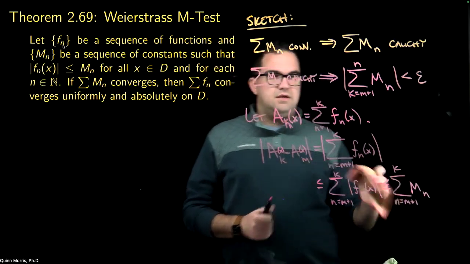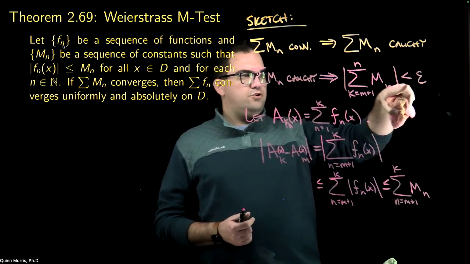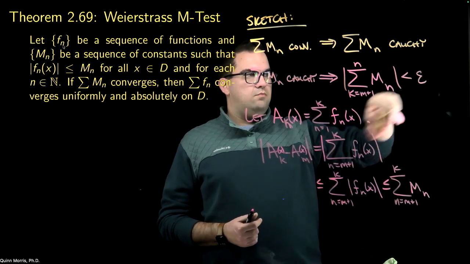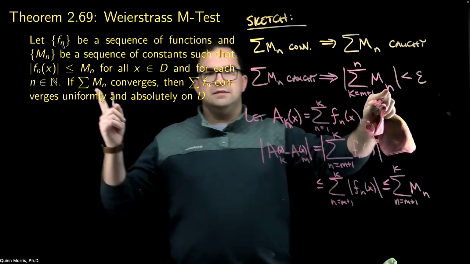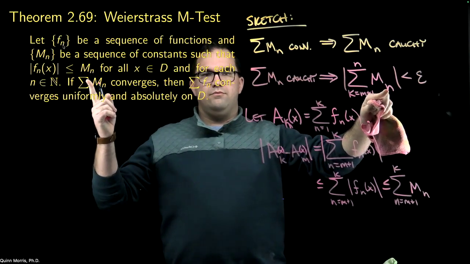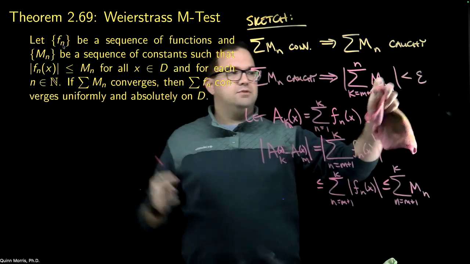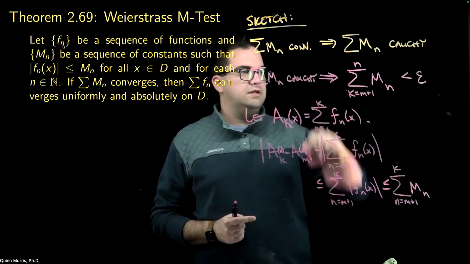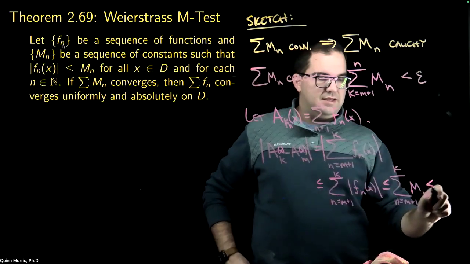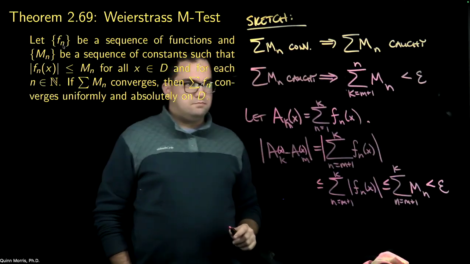And up here, I have that the absolute value of the sum was less than epsilon. In fact, I know each of the m sub n's is greater than or equal to 0, because it's bounding an absolute value, so I could just drop these off. This sum will be positive, and so this must be less than epsilon.